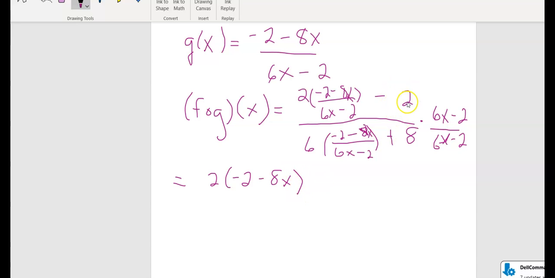The negative 2 right here, though, still has to multiply times that 6x minus 2. It doesn't have a denominator to cancel out.